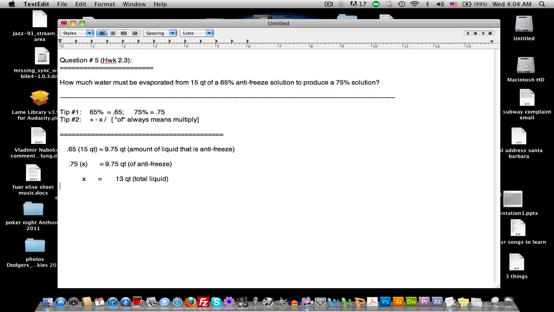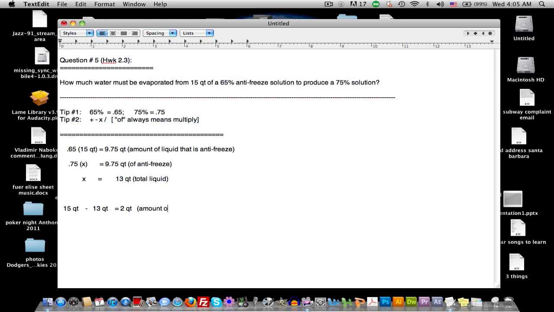Now the second step that we have to do is, we originally started with 15 quarts of total liquid, water plus antifreeze, but we also know that now we have 13 quarts. So if we subtract 13 quarts from 15 quarts, we see that we lost 2 quarts.